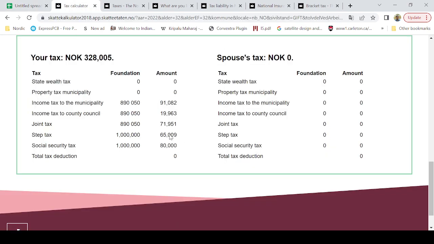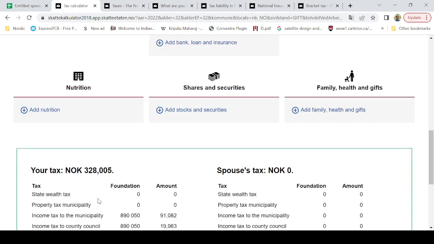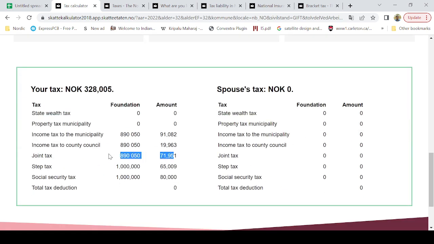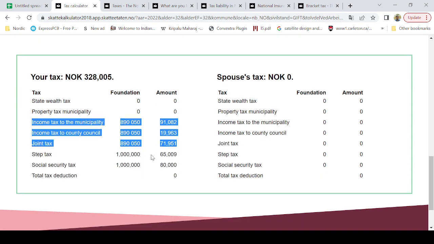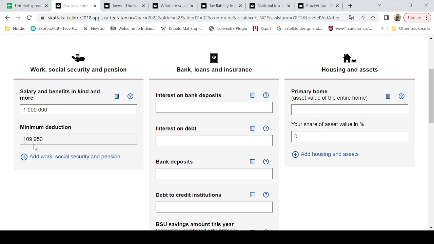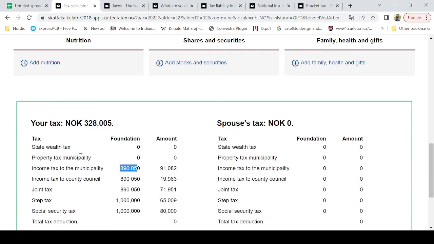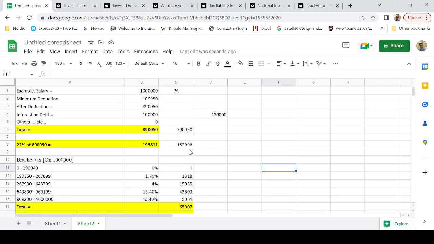But according to this page, if you are earning 1 million, this general tax means including all these three, right? So you see for general tax they are reducing this 1,09,950, and then they are calculating for this amount only, 8,90,050. But the step tax and social security, they are calculating on the actual income. So by adding this, we are getting this 182996.